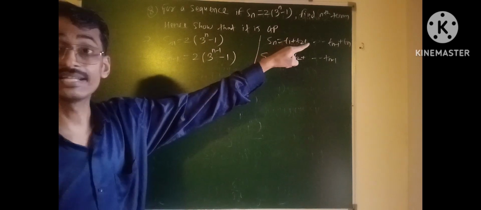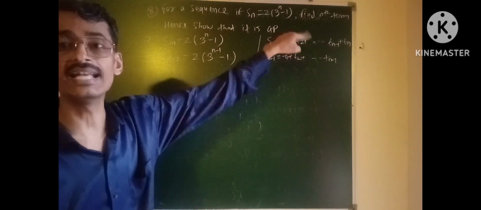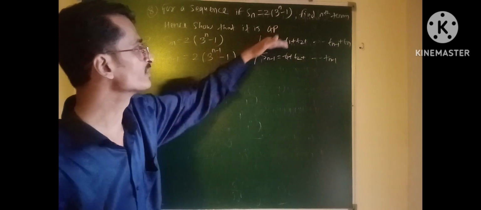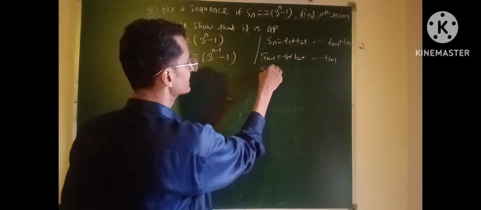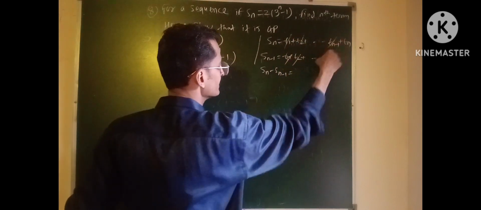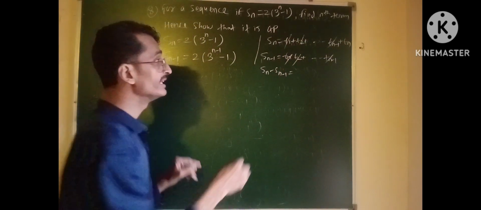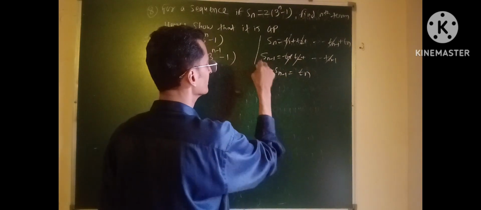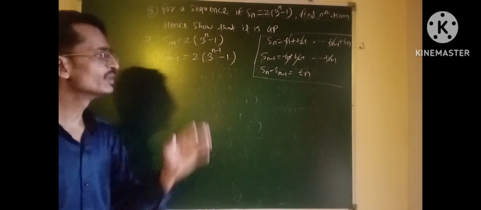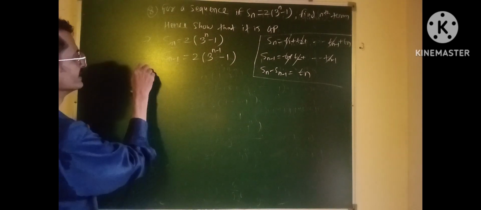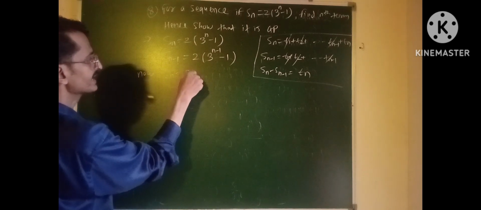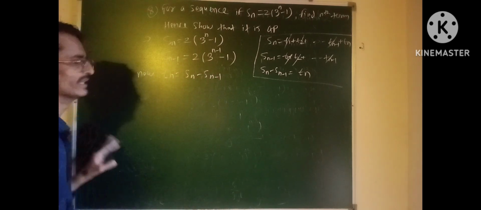So the extra term is Tn, because this is the sum of the first n terms and this is the sum of the first n minus 1 terms. Now subtract: Sn minus Sn minus 1, T1 cancels, T2 cancels, everything cancels, so the only remaining term is Tn. So this is the formula, you can write here: Tn is equal to Sn minus Sn minus 1.